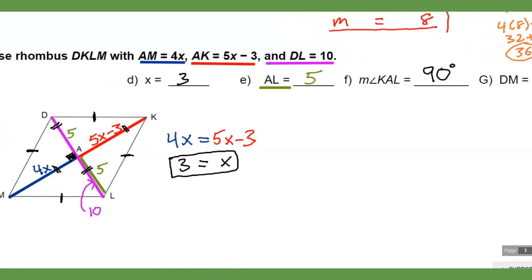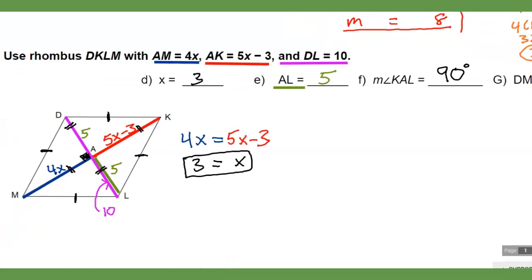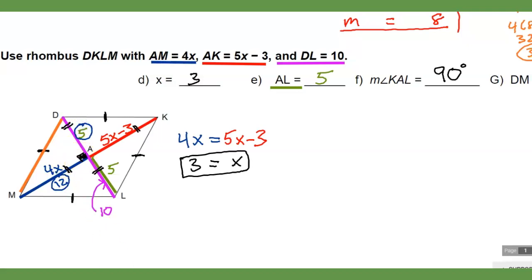And lastly, DM. So we want to find what does DM equal? Well, we know this side right here is 5. What does this side equal to? It's 4x, but what does x equal? 3, so this side is 12, right? So we have a side of 12 and a side of 5, and it's a 90-degree angle for the triangle.